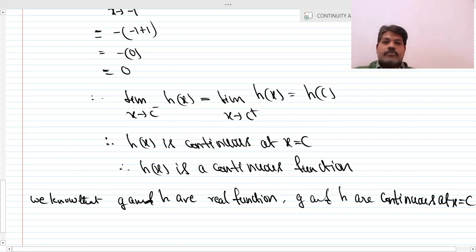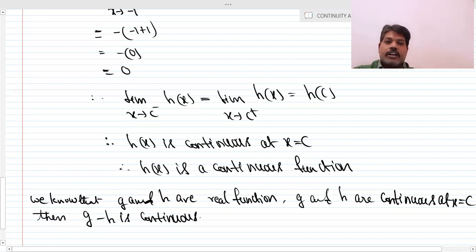Then g minus h is continuous at x is equal to c.